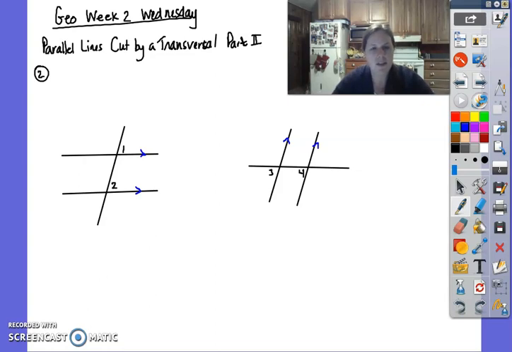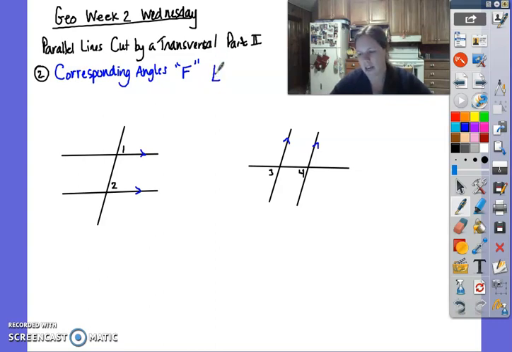So the type of angles we're talking about today are not alternate interior. We're talking about corresponding angles. And when we find corresponding angles, we're looking for the letter F. And it's going to look different. It's not going to be a letter F. It might be upside down.